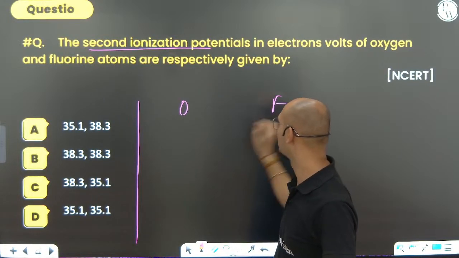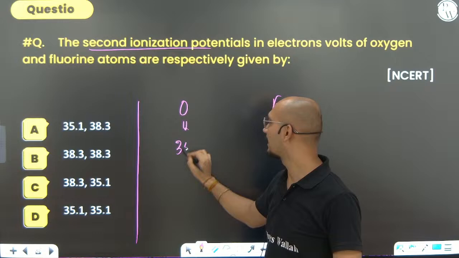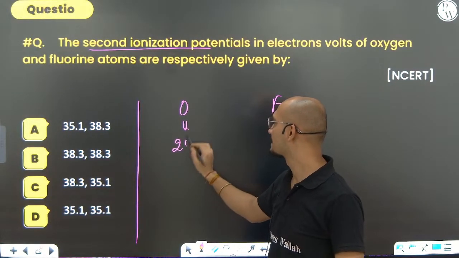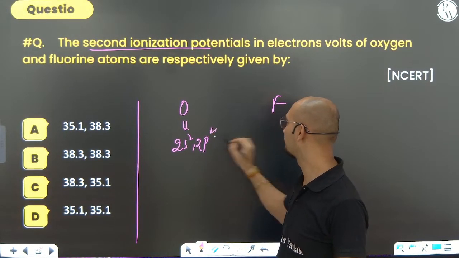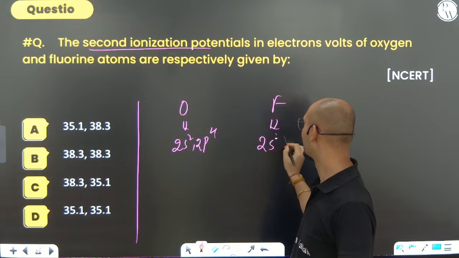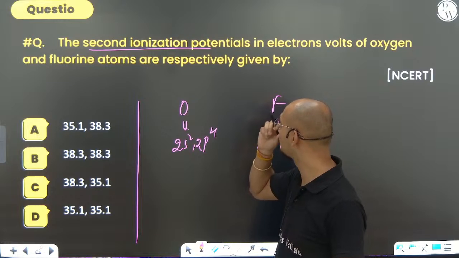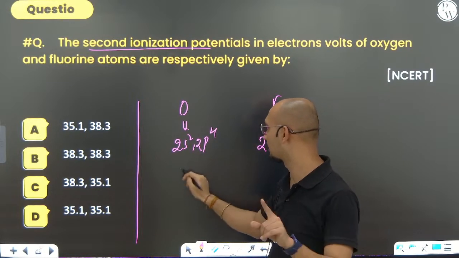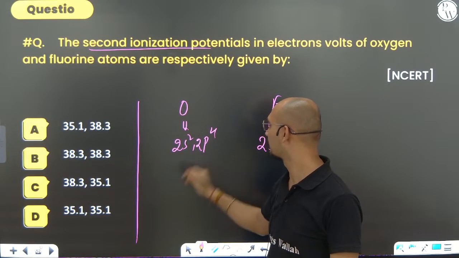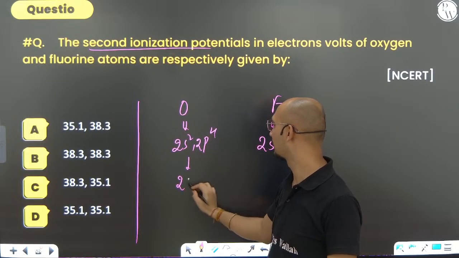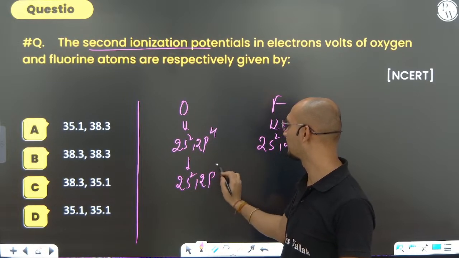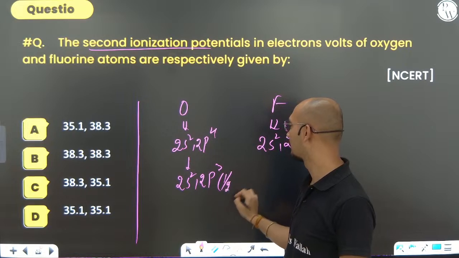Oxygen and fluorine. What is oxygen? 2s2 2p4. And fluorine is 2s2 2p5. If you remove the first electron from oxygen, it becomes 2s2 2p3, which is half filled.